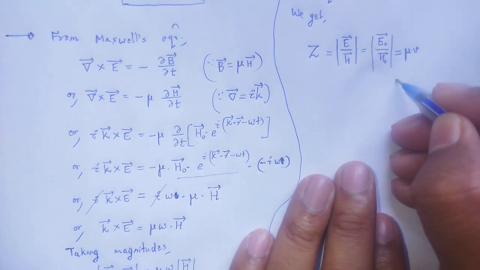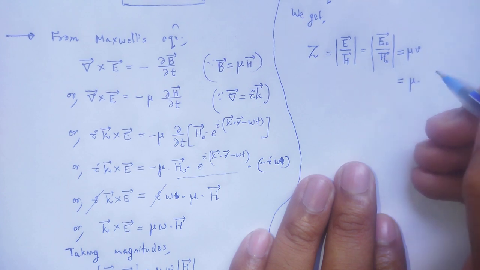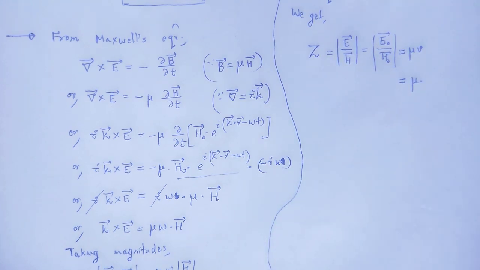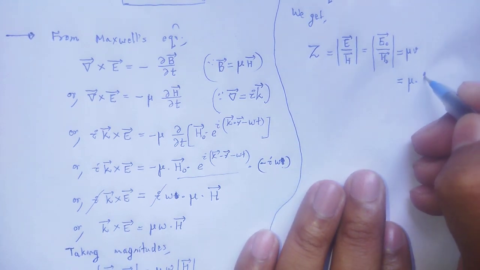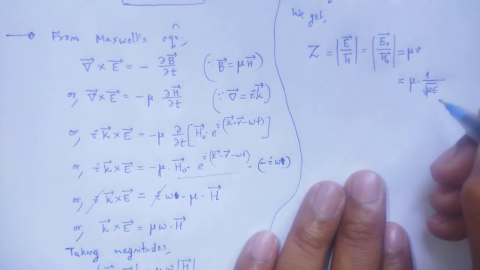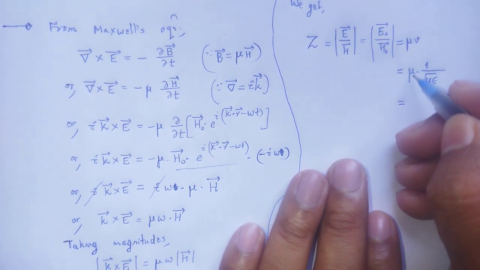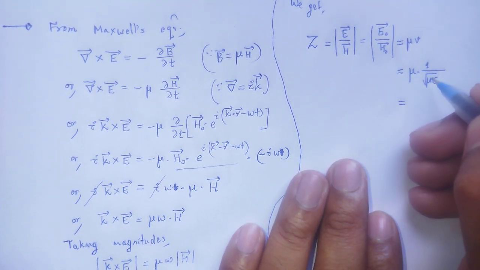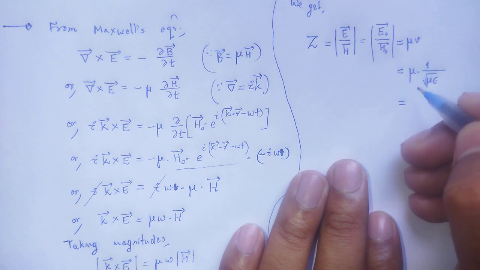Anybody can write it as mu in place of V, that is the velocity of electromagnetic waves in any medium, written as 1 divided by under root of mu into epsilon. Therefore, mu under root cancelled out.